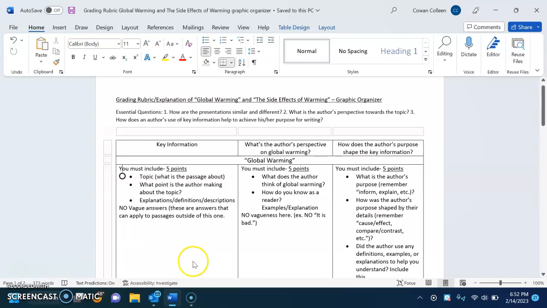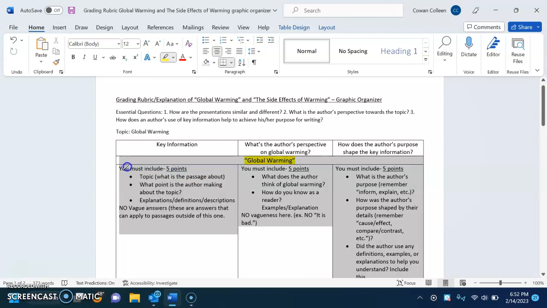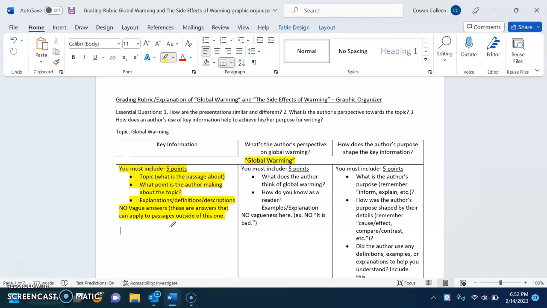So for the first text, global warming, you must include for the 5 points: Topic, what is this passage about? Also need to include what point is the author making about the topic, an explanation, a definition, a description, no vague answers.